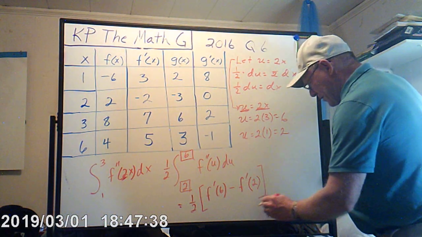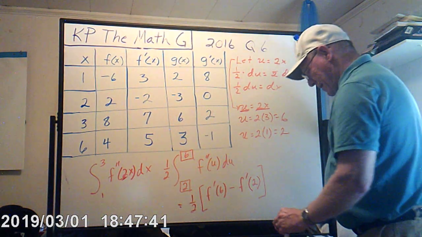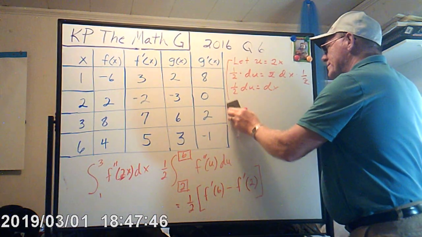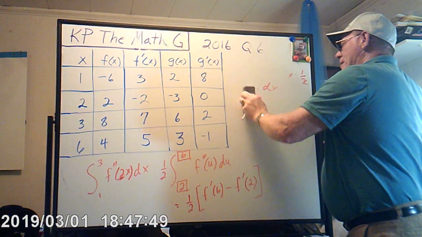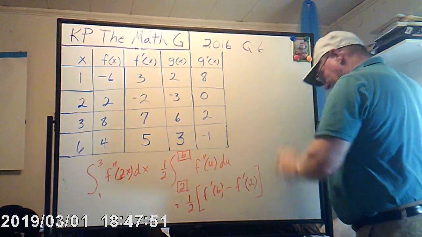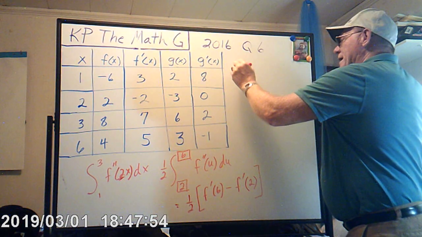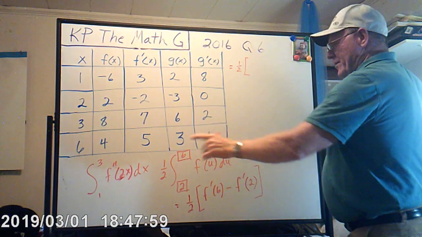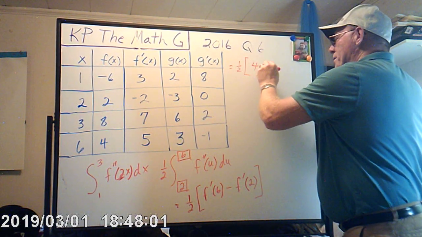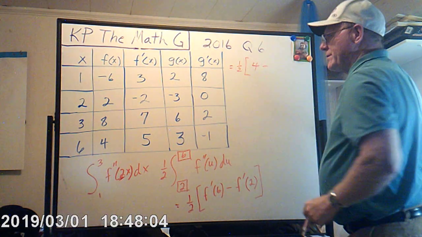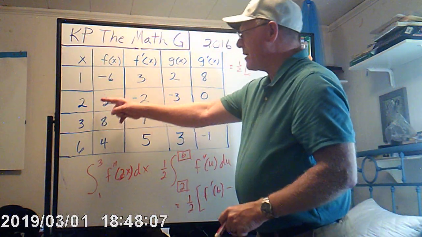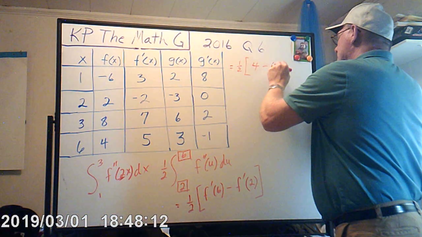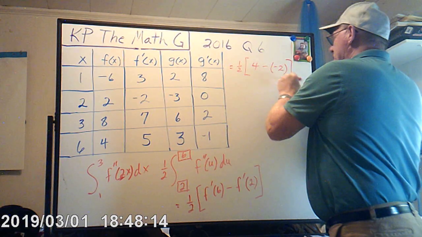So this is equal to, whoa, I need to erase some of this. Bear with me while I do this. I appreciate everyone, believe me, I really do. So 1/2 F prime at 6, we found that to be 4, didn't we? F prime at 2 is -2. I do believe that's correct.